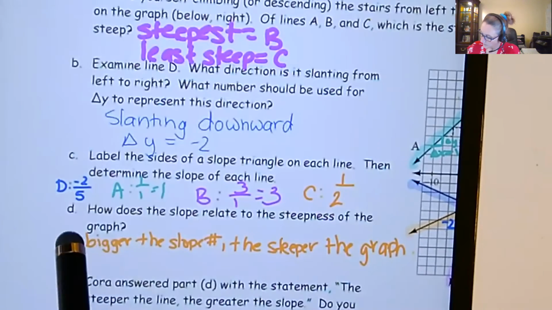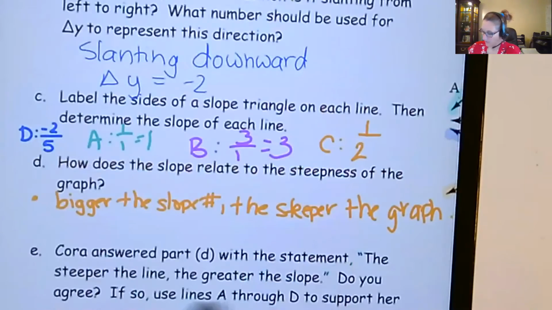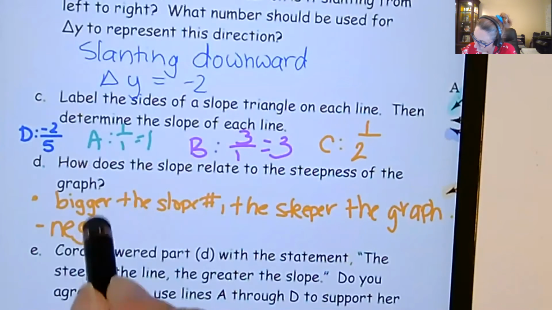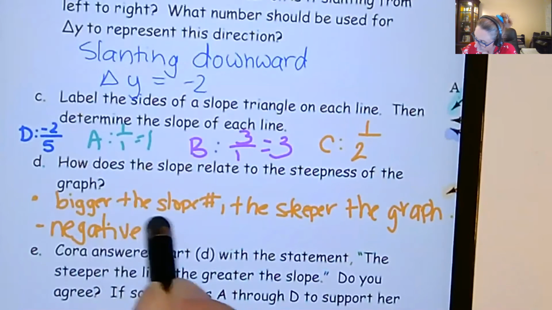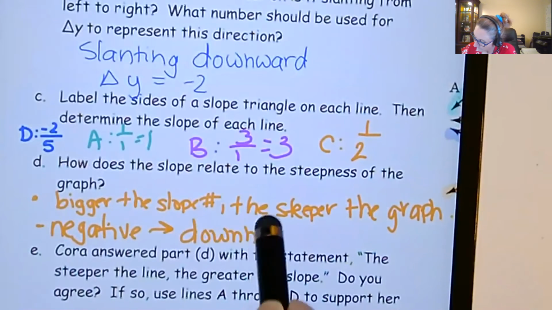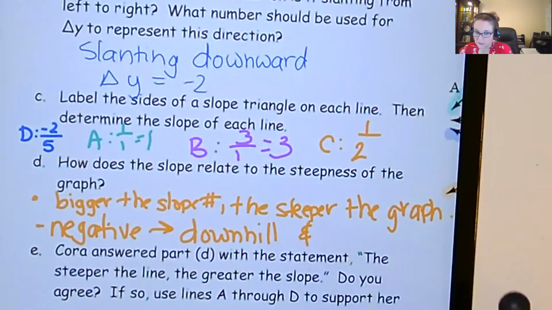So not only is the bigger the number, the steeper the graph, but also negative leads to downhill and positive leads to uphill.